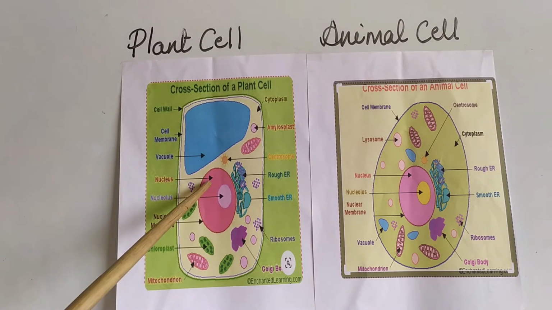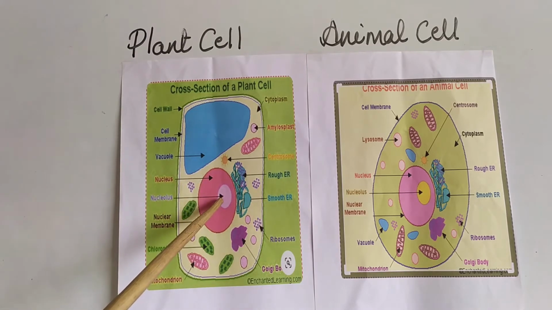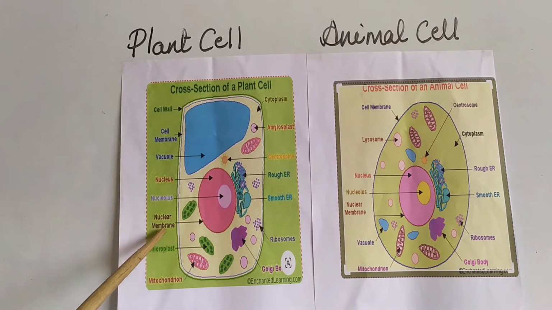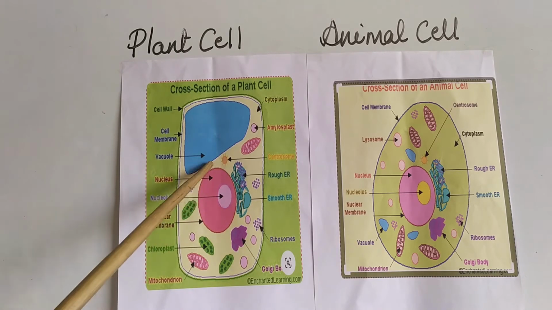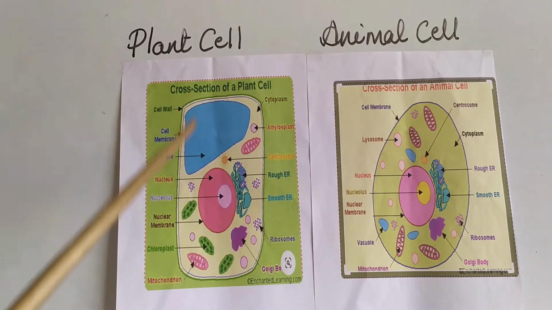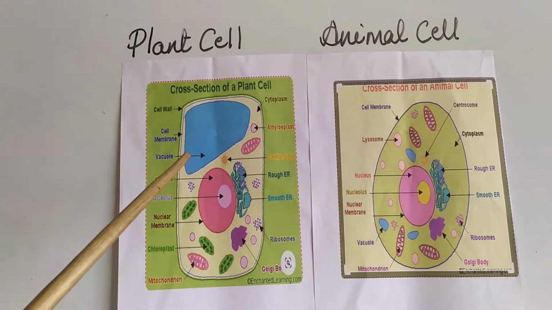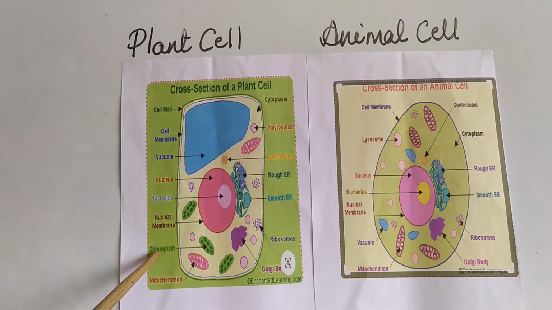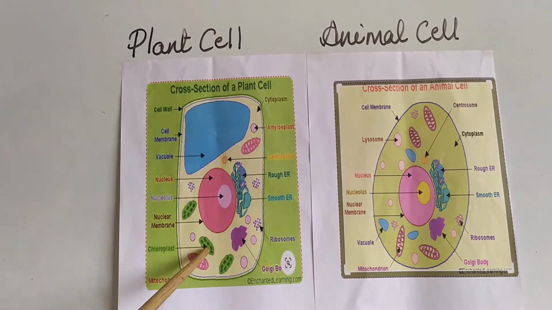We studied that plant cells have a very large vacuole, since it is a fluid sac which can store food. Then it has a nucleus, a nucleolus as the inner part, and a nuclear membrane, which is nothing but the outer covering of a nucleus, which is porous to transfer materials. It has chloroplast, right?